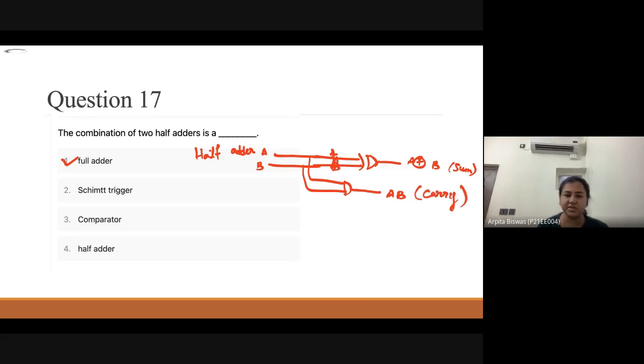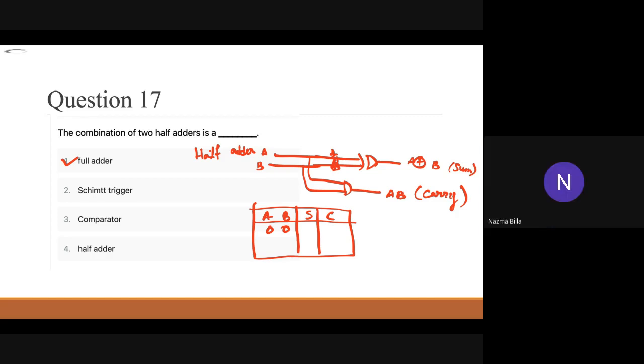Just we are checking the basics of the half adder and the full adder. Now tell me the truth table. If it is 0, 0, then what will be the sum and carry for the half adder circuit? 0, 0.